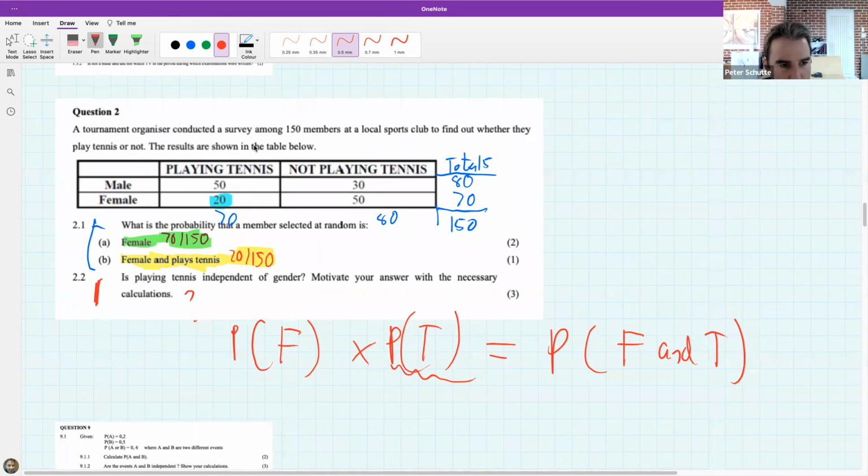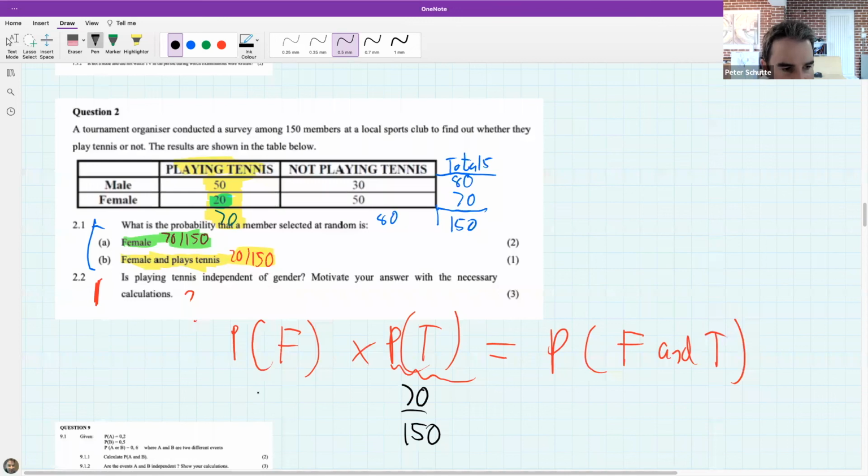So if you look at the table, what is the probability that a randomly chosen person plays tennis? The probability is 70 over. Yeah, I think you're right. If you look at the column here, playing tennis, this total is 70. So the chance of a randomly chosen person playing tennis is 70 out of 150.